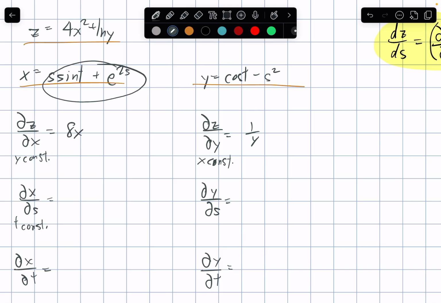So don't be confused, it involves this. Okay, sine t is a constant technically. And derivative of s is 1. And then plus e raised to 2s times 2, or 2e raised to 2s.